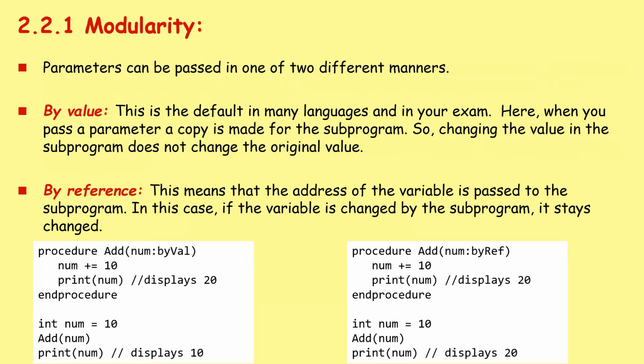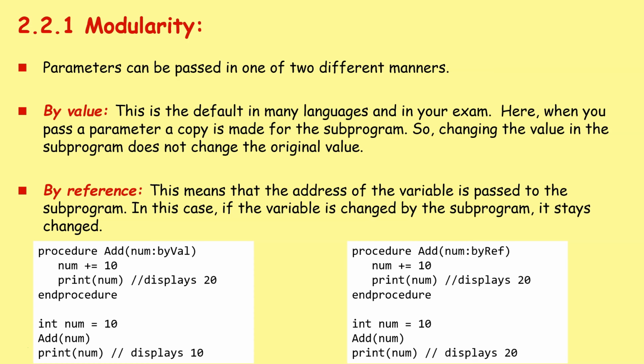Parameters can be passed in one of two different manners: by value and by reference. By value, this is the default in many programming languages and the default in your exam. So if you don't say anything or you don't read anything, you can just assume that it's by value. Here, when you pass a parameter, a copy is made for the subprogram.